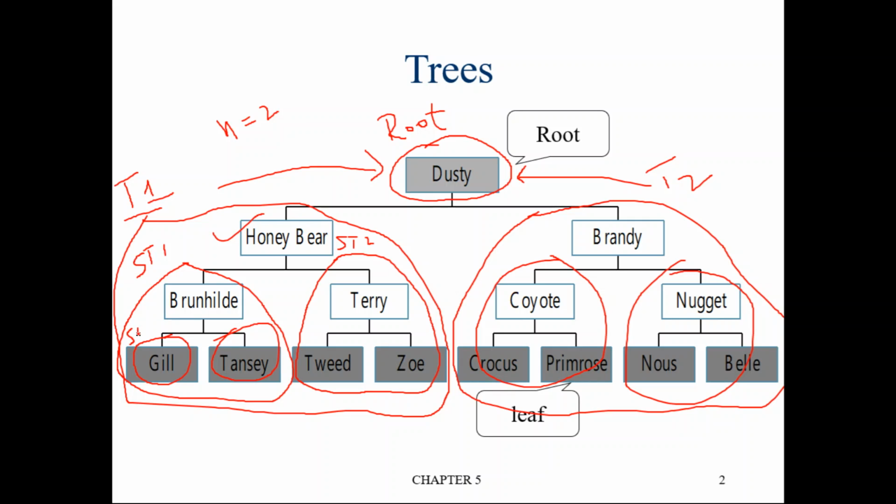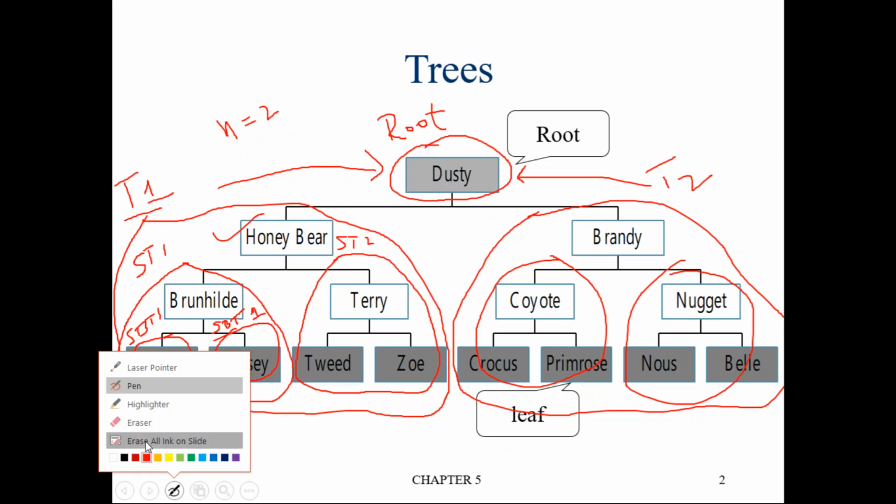I will call it SBT1. This is one subtree of Brunhilde and this is another subtree of Brunhilde. We cannot go further because Jill and Tansy don't have any children. So this is how we define a tree.